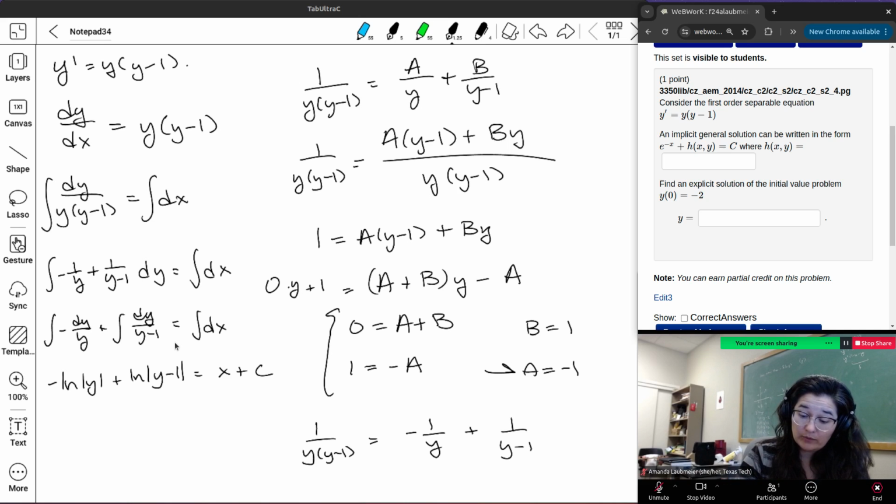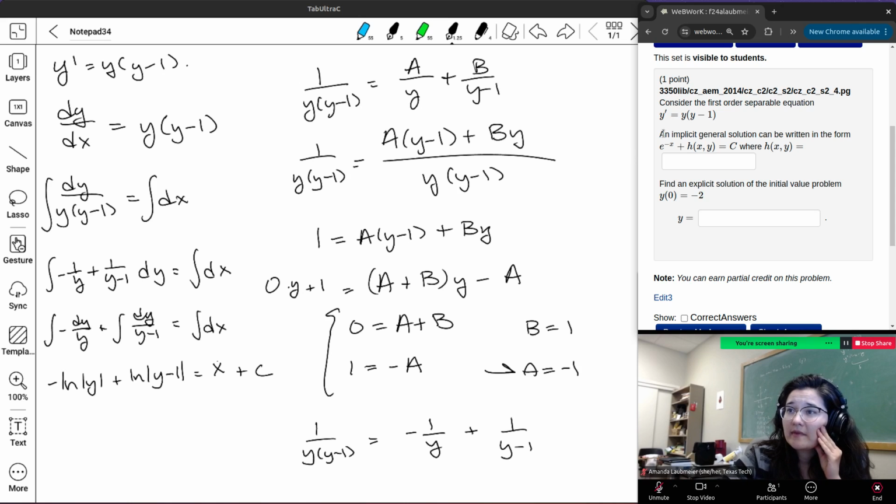The integral of dx with respect to x is... No, I did it right. Is x. Yeah, that's the integral of 1. We're good. And then I added a constant. If you added a constant on the left side as well, that's fine. Just make sure you combine them before you start solving for c based on your initial conditions.